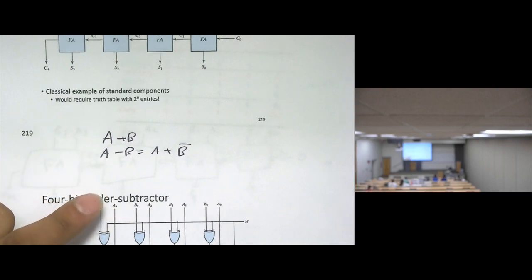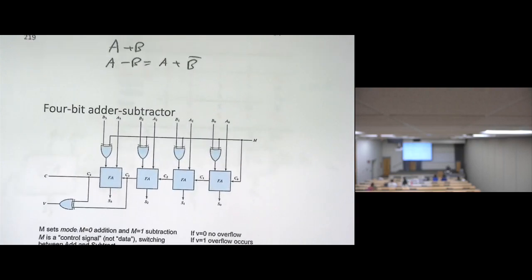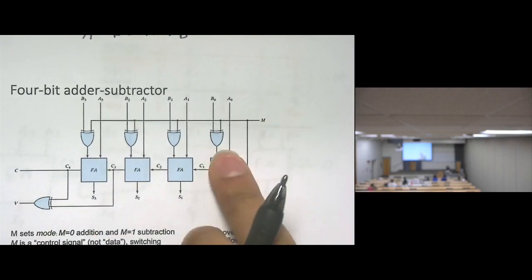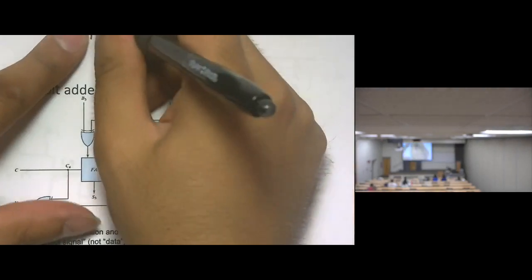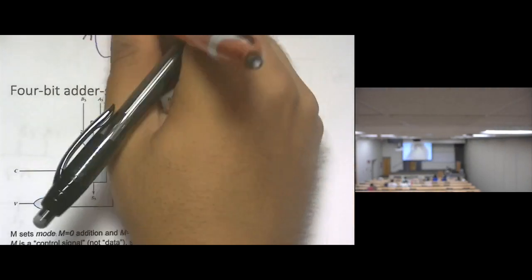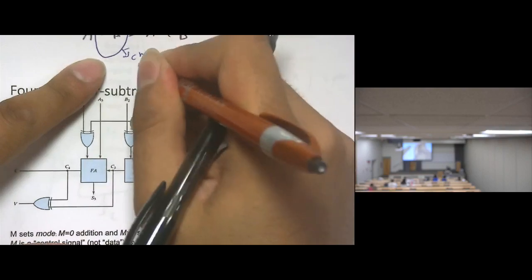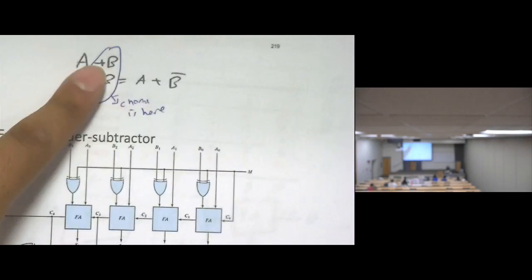A plus B bar is subtraction. Now, how can I implement this? This has been implemented using the same 4-bit adder that I wrote before, but I add an exclusive OR for B, because the only difference is coming into this side. So the only change is here.